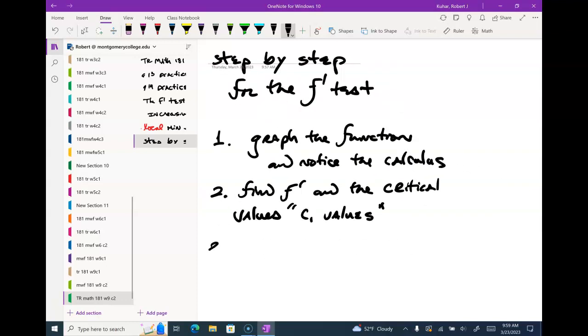So step 3 of our step-by-step. Do you remember doing sign tables in pre-calculus? You had to figure out what you would put test values in, and you'd have a table of pluses and minuses, and you'd figure out where the function was above the x-axis or below the x-axis.